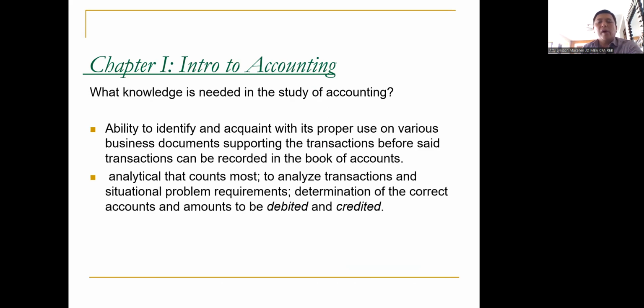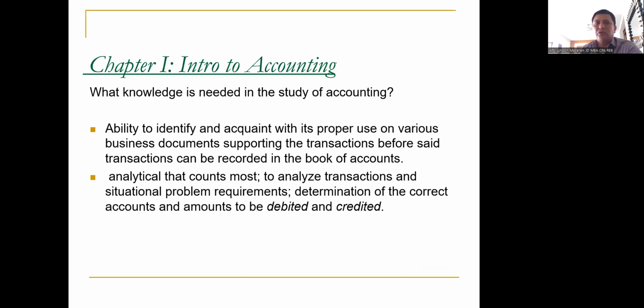Also, you may be required to have analytical ability, which is recognized as what counts the most. This is to analyze transactions and situational problems in the business.